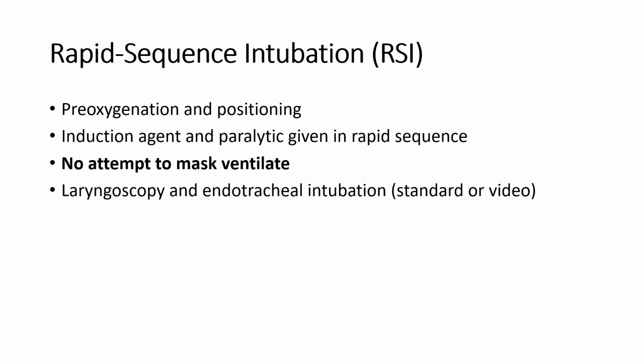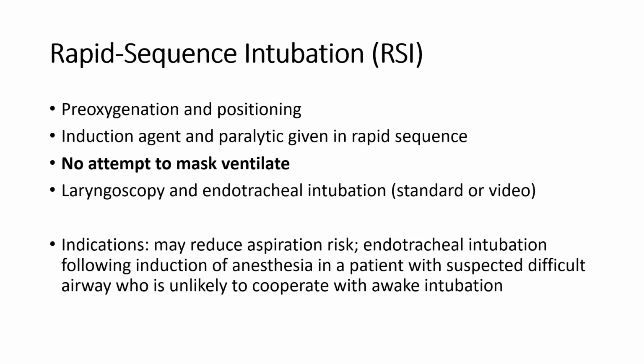You can use, again, direct or video laryngoscopy for this. We do this sometimes for patients if we're trying to reduce aspiration risk. And also sometimes if we feel we need to induce general anesthesia, we think their airway is going to be difficult, or they have very limited reserve, we don't think they can tolerate hypoxia, and they're not going to cooperate with awake intubation. Sometimes you may choose a rapid sequence intubation as a first choice with a backup available.